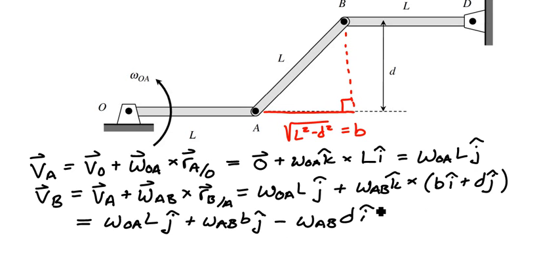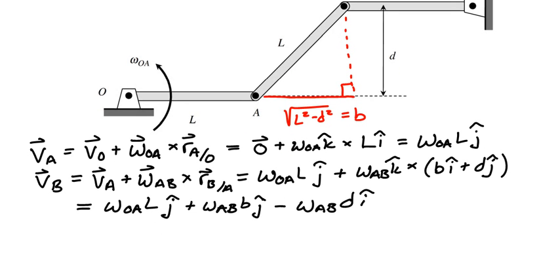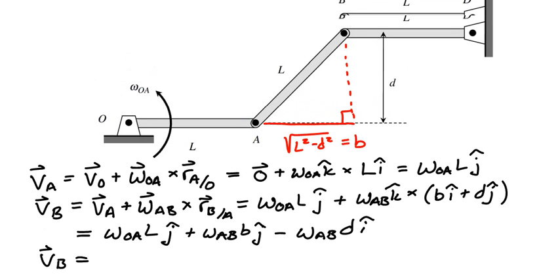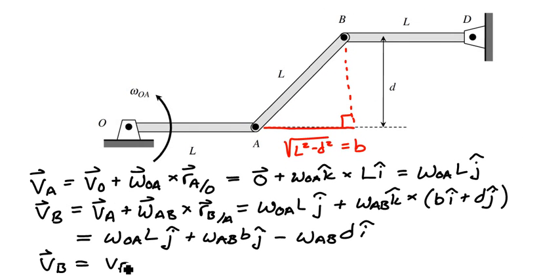Now we also know that VB is equal to the velocity of point D plus omega of bar BD crossed with the position vector r of B with respect to D. The velocity of point D is 0 because it's a fixed point.